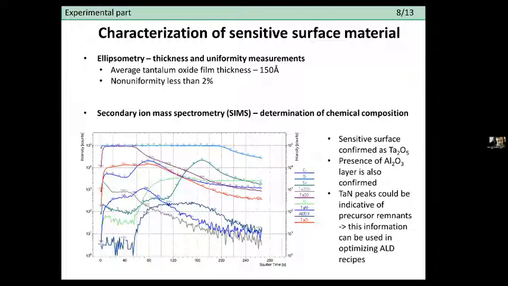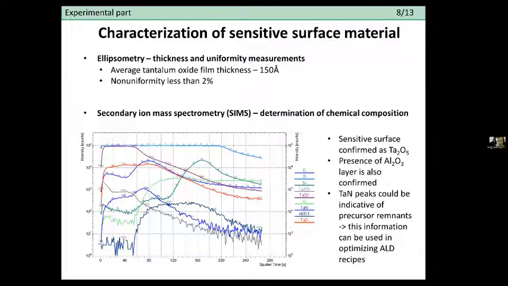So ellipsometry gives us the thickness of the film, which was, as intended, 50 nanometers, so a very thin layer, and non-uniformity across the test wafer was less than 2%, which is very good.